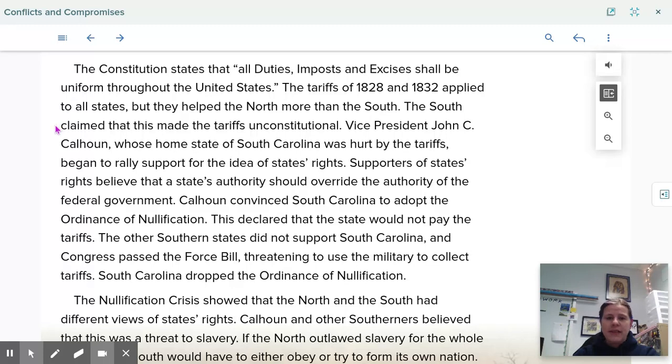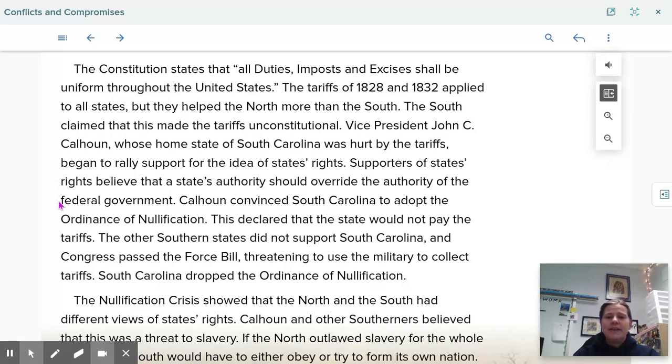Vice President John C. Calhoun, whose home state of South Carolina was hurt by the tariffs, began to rally support for the idea of states' rights. Supporters of states' rights believed that the state's authority should override the authority of the federal government.